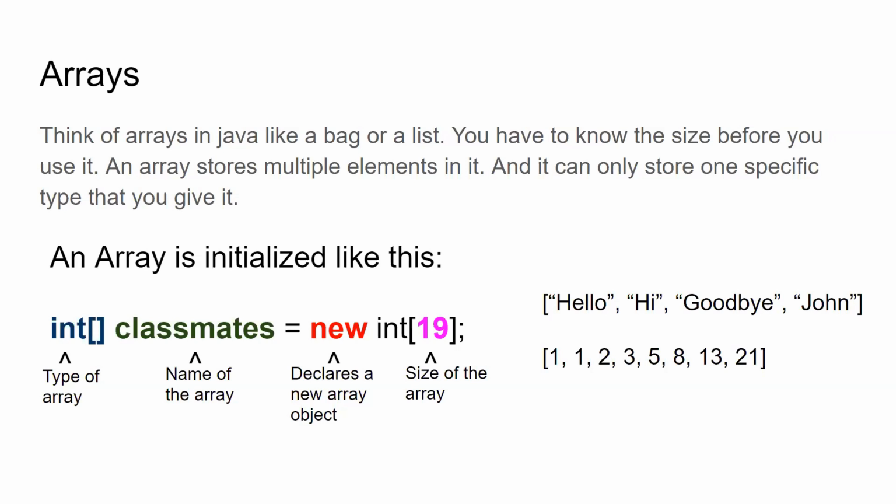An array is an object, and it's basically like a list of variables. It's a bit confusing because there's also another data type called lists, which are like arrays but different. We'll get to that later.